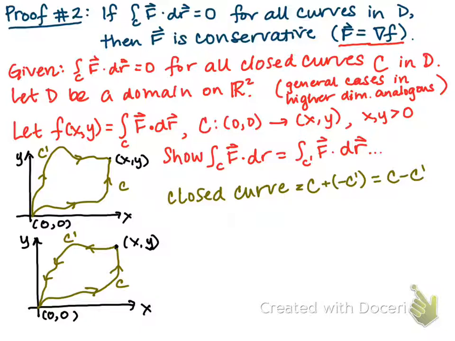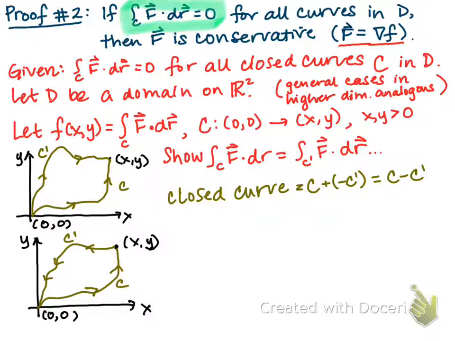Well, the assumption in this proof, if we go back to the top of the page here, is that the line integral over C of f dot dr equals 0 for all closed curves in the domain.